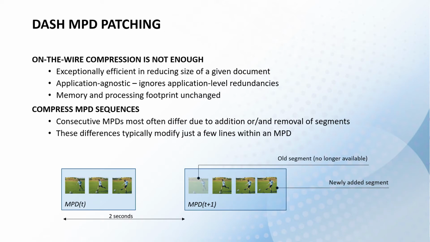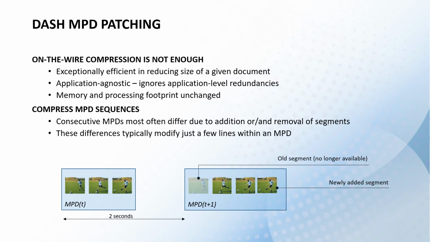We just discussed the issue of compressing in an application-agnostic way. So there is a bad side to it. We're completely ignoring the application aspects, so let's try doing something that is DASH specific. Let's look at the sequence of MPDs as opposed to looking at given documents.